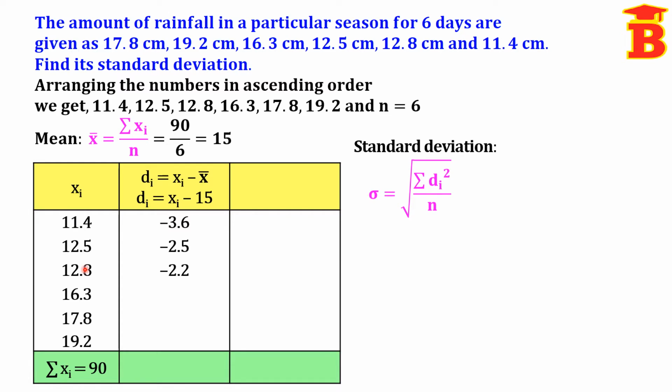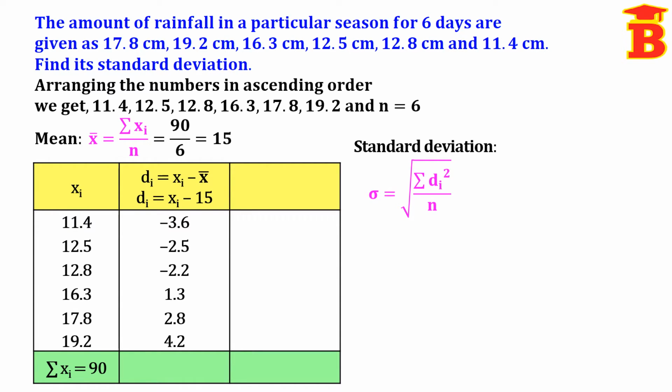Next 12.8 minus 15, that is minus 2.2. Next 16.3 minus 15, that is 1.3. Next is 17.8 minus 15, that is 2.8. And then 19.2 minus 15, that is 4.2.